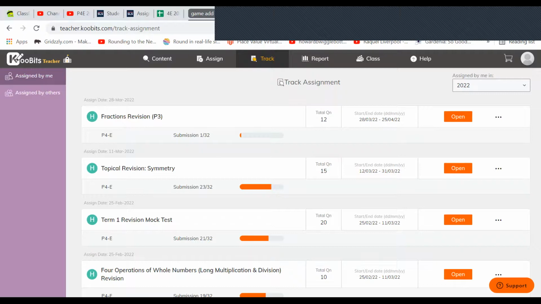Because Rachel, every day you log into Qubits, right? How many? Only got three. Can play math playground.